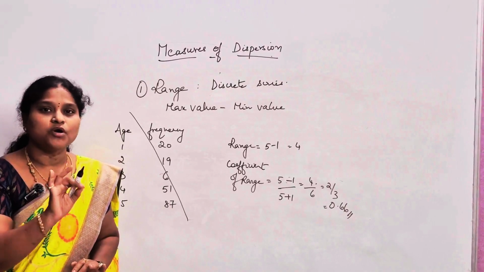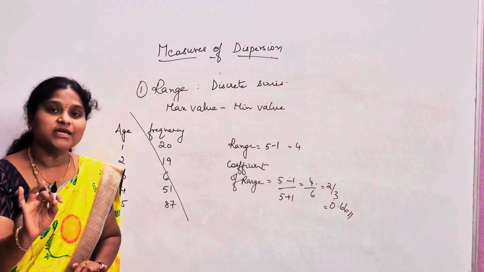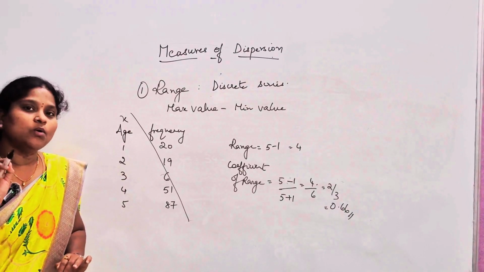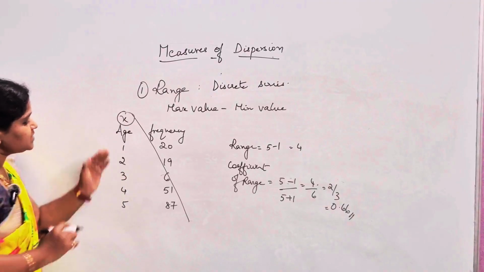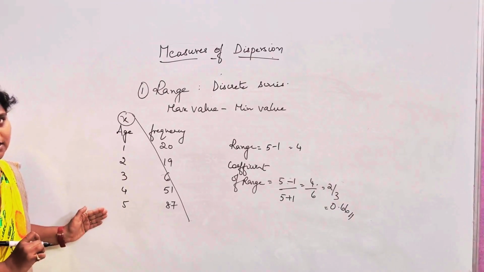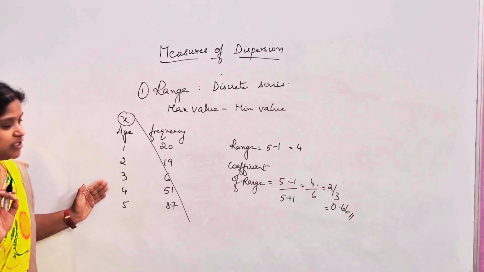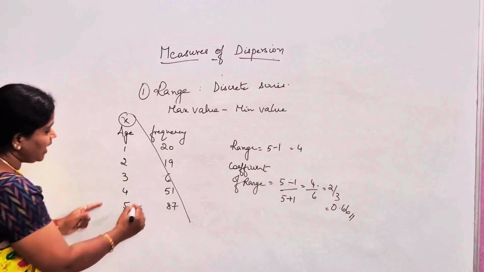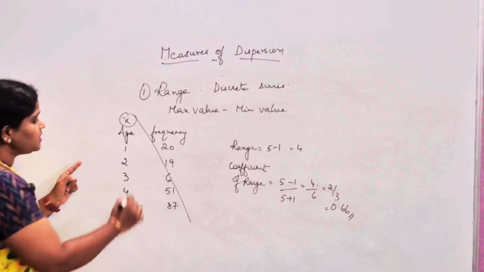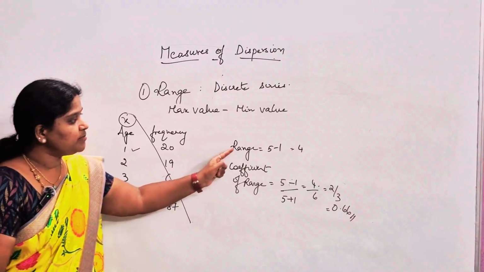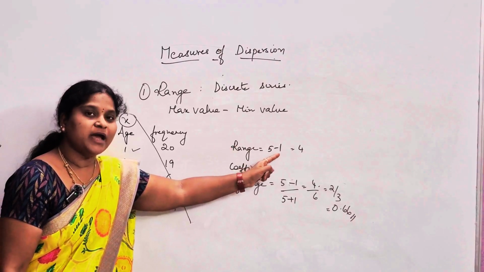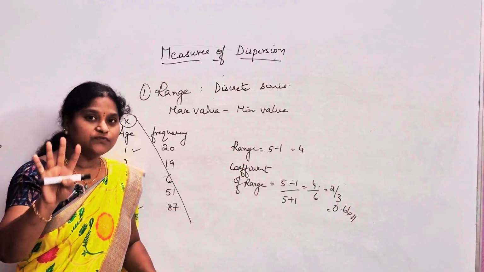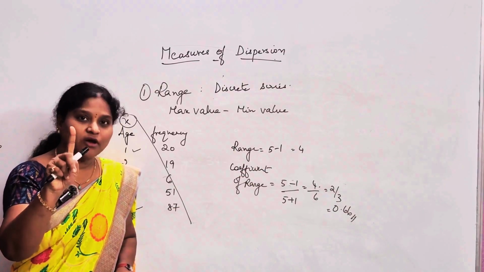Frequencies play no important role in calculation of range in case of discrete and continuous series. We are concerned only with the values of x. The maximum age value here is 5 and the minimum age value here is 1. So the range will be maximum value 5 minus minimum value 1, that is equal to 4. Range is 4, which is the absolute measure of dispersion.